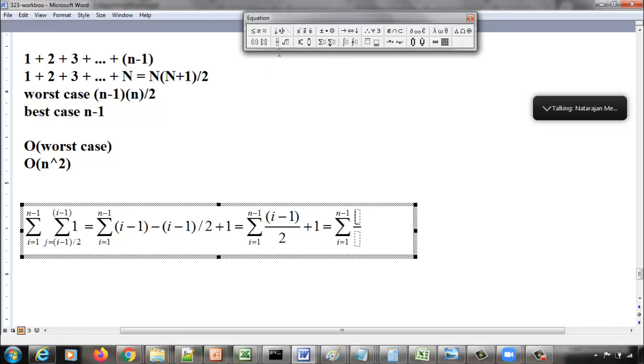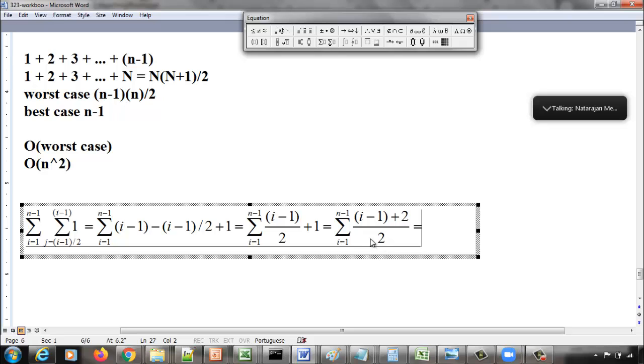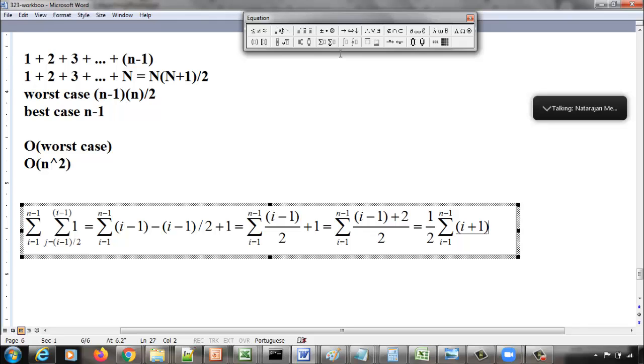If you simplify it, we take 2 as the common denominator: (i minus 1) over 2 plus 2 over 2, which is 1. So (i minus 1 plus 2) over 2. I can take this 1 over 2 outside as a constant and write this as summation i equals 1 to n minus 1, where the numerator is i minus 1 plus 2, which is simply i plus 1.